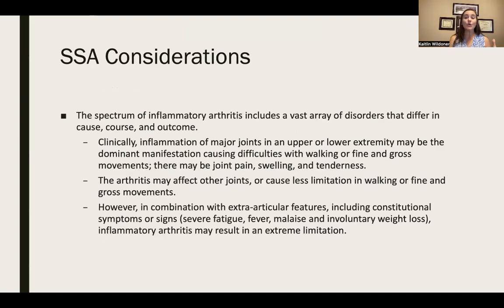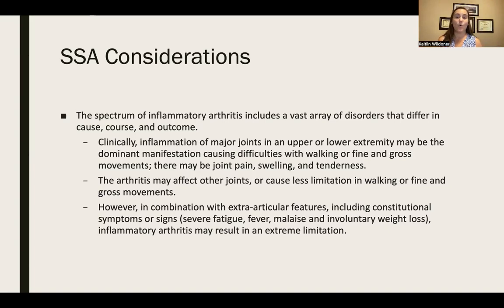All right, so turning to specific considerations with respect to rheumatoid arthritis. Social Security does acknowledge that the spectrum of inflammatory arthritis, including RA, has a vast array of disorders, and inflammatory arthritis has a variety of different causes, courses, and outcomes. So here is what Social Security is going to look at.